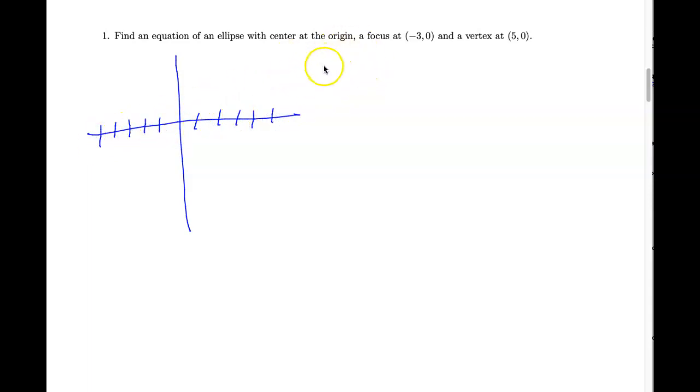So we have the origin as the center, a vertex at 5, 0, and a focus at -3, 0. Well, we know that there are two foci, so there has to be one at 3, 0, and there are going to be two vertices, so there would have to be one at -5, 0. And so we can determine that the major axis is the x-axis.